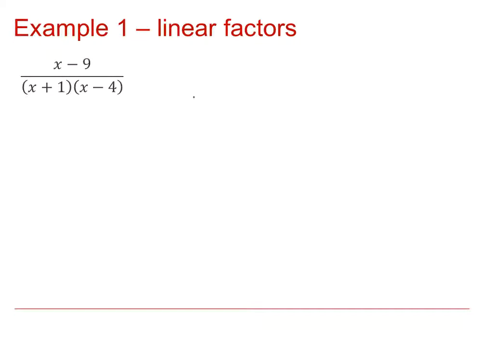It's worth noting that these two algebraic expressions are identical to each other. So we're not solving this equation for x. They are identical equations, and we're trying to find the value of a and the value of b.